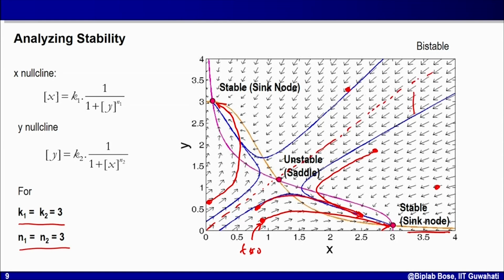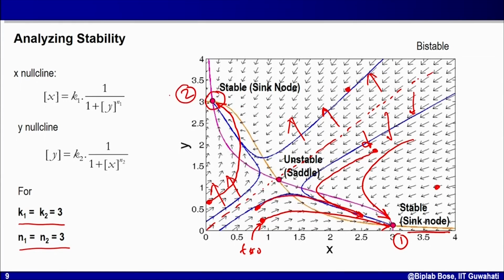Cells in this region will all collapse to this steady state, let us say steady state 1. Whereas all cells which are present here in this region at t equal to 0 will collapse at the second steady state here.